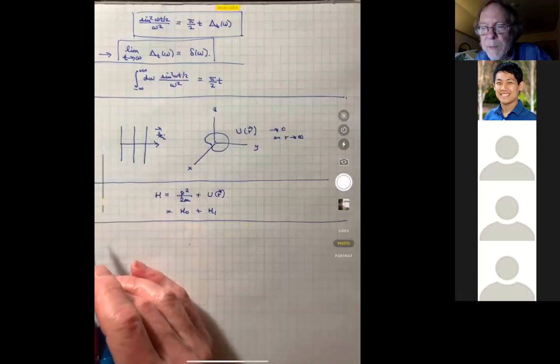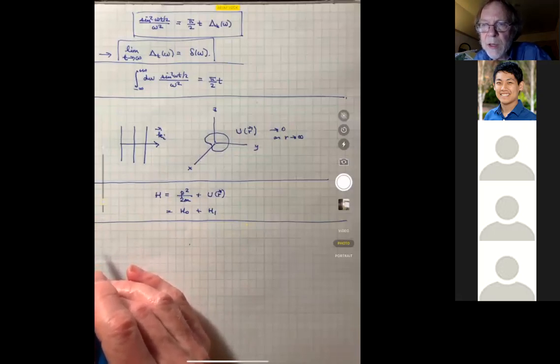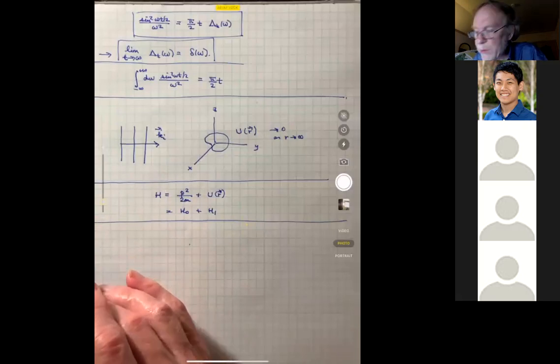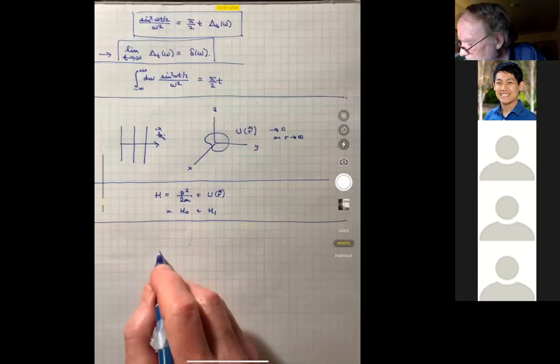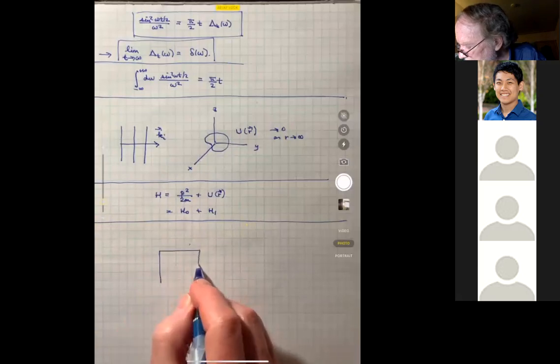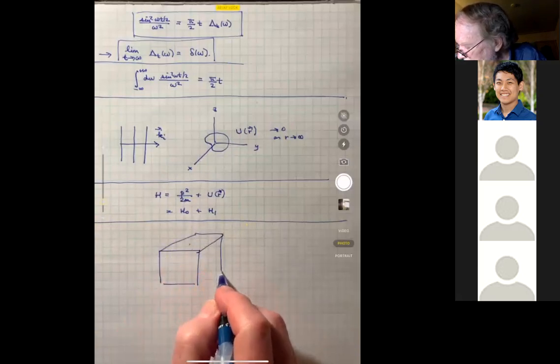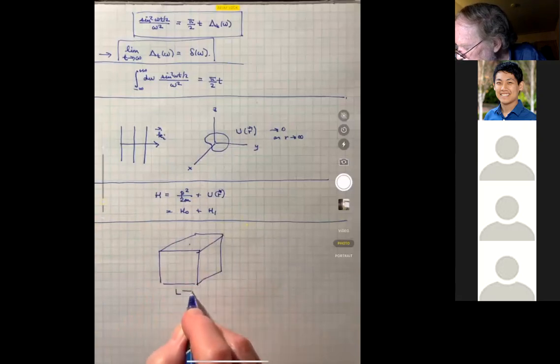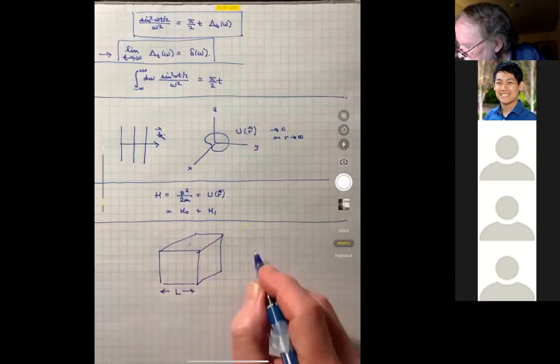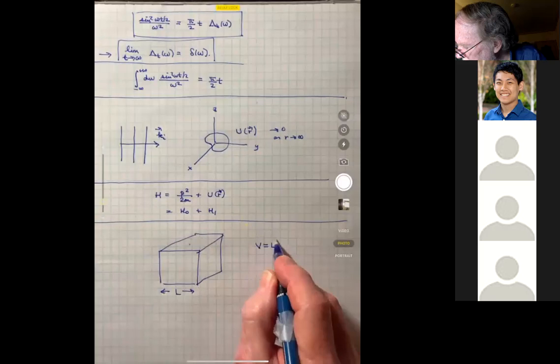So we're going to fix this by using the mathematical crutch. Shouldn't blame it on mathematics, the crutch of going to box normalization. The idea is that we divide the universe into cubical boxes, all of which are large and of the same size. We'll call L the width of the box, so the volume of the box is equal to L cubed.